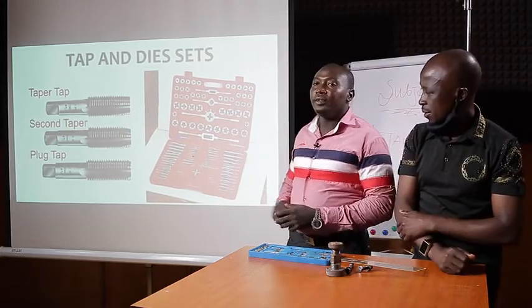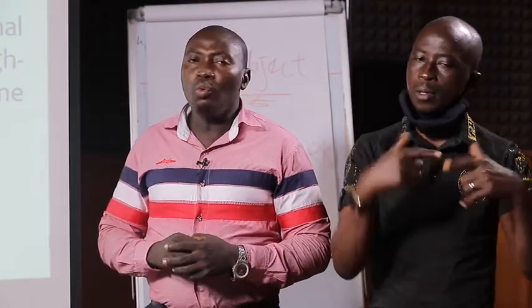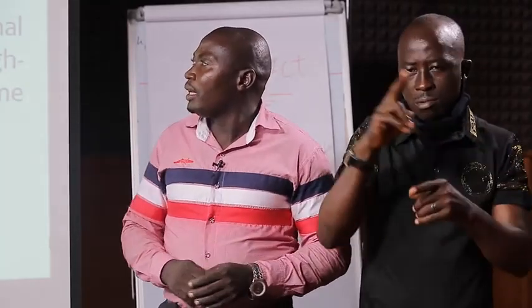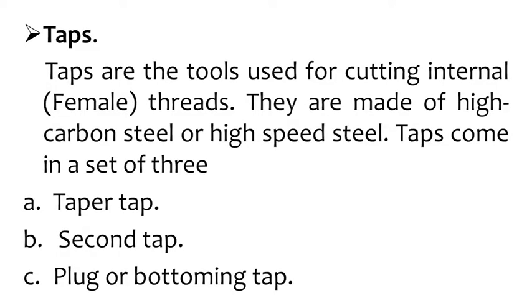Now, having said that, let's see what these taps are and how we use the tap. The taps are the tools used for cutting internal female thread. They are made of high carbon steel or high speed steel. Tap comes in 3, like I said. The first tap or taper tap, the second tap, and the plug or bottoming tap.